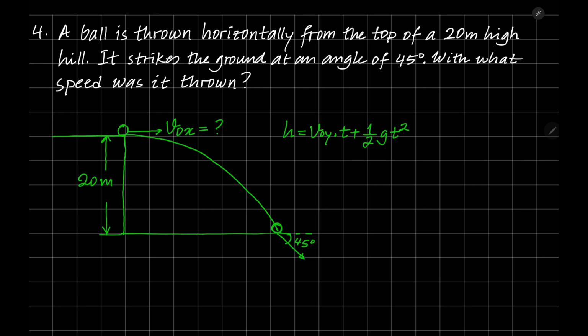The height of the hill is 20 meters, but it's below the reference point, so it's negative 20 equal to the vertical component of the velocity, which is 0, plus 1/2 times the acceleration, negative 10, times t squared.